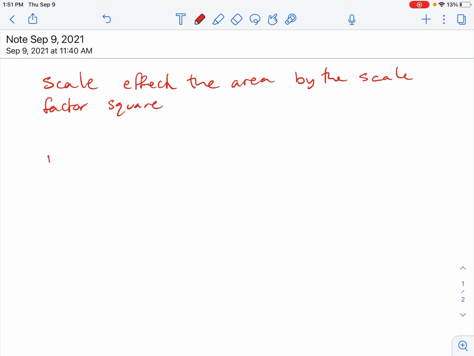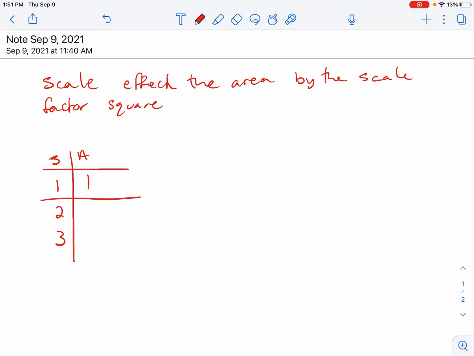When the original area was equal to 1, with a scale equal to 2, our new area... let me write this a different way. Scale 1, 2, 3, and area. When the scale was 1, our area was 1.